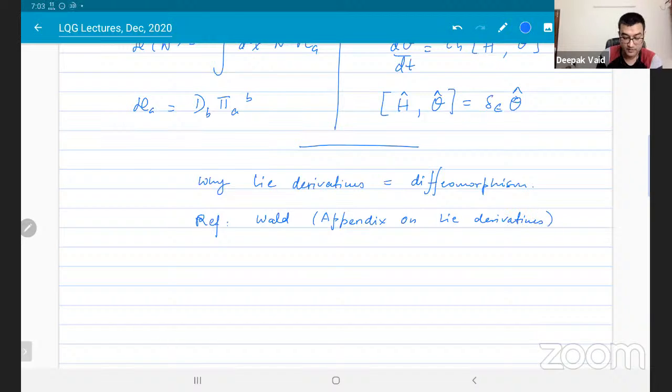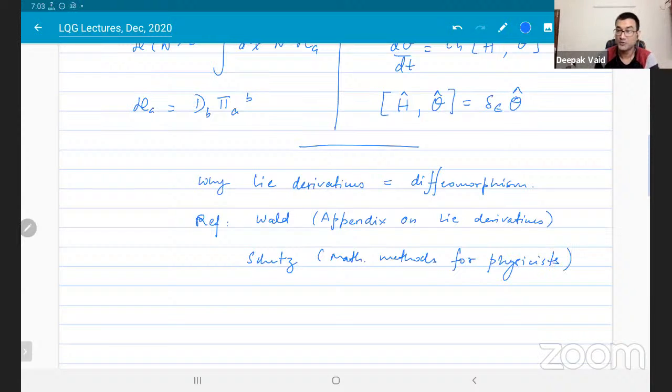Another very good reference is Schutz, Mathematical Methods for Physicists. This is the book I referred to when I was first learning this, and from where I actually understood the concept of a Lie derivative.